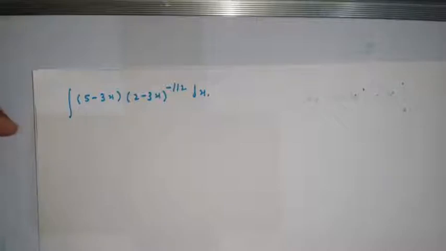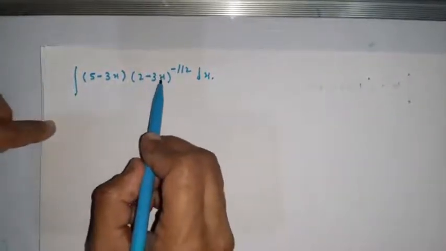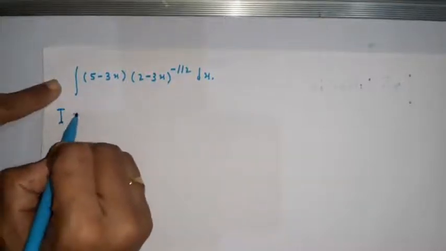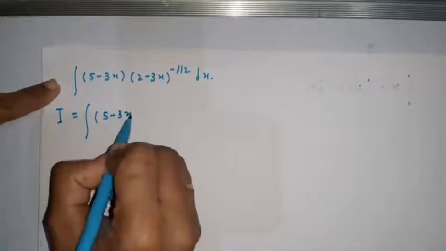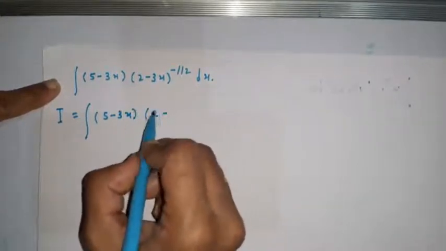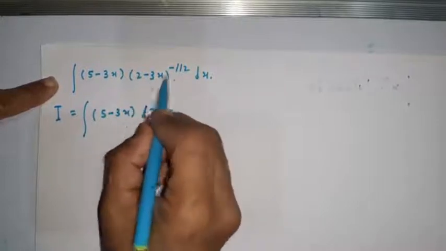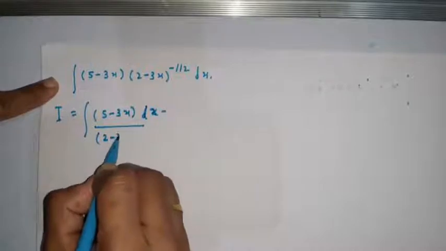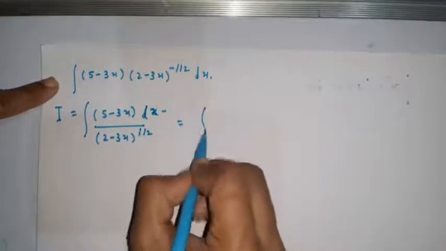Okay students, the next problem is the integral of 5 minus 3x into 2 minus 3x raised to minus 1 by 2. So we can write the problem as integration of 5 minus 3x into 2 minus 3x raised to 1 by 2 in the denominator, dx. 1 by 2 means the square root.